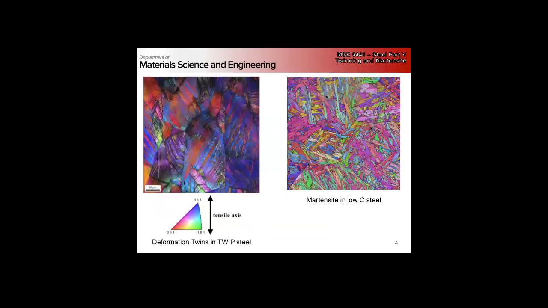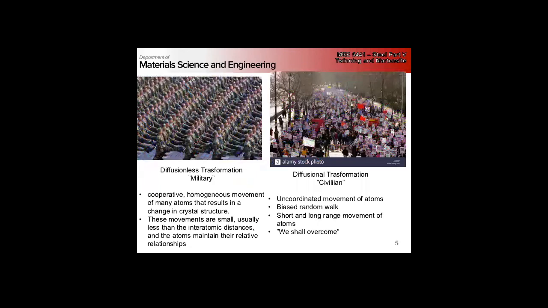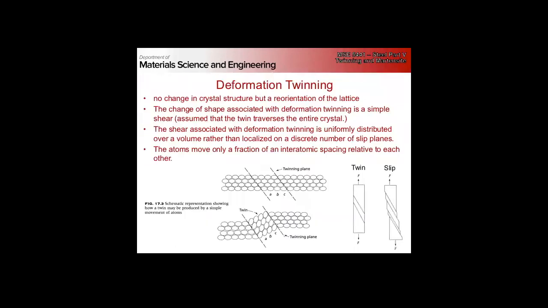That's the shape that helps you minimize the strain energy, and that has important consequences with the interfaces. And we keep going back to the analogy of diffusionless or military transformation versus civilian, or diffusional transformations, right?